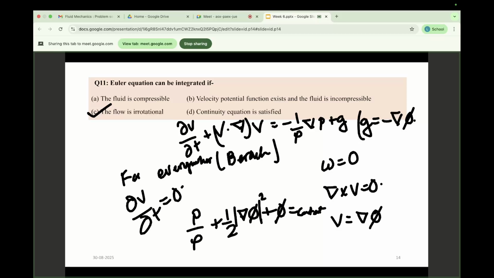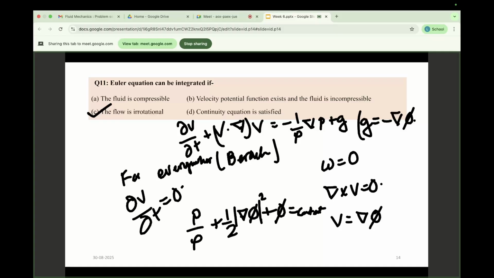The next option is velocity potential and incompressible. Incompressible is okay, and velocity potential implies irrotationality. That is okay, since in this question the velocity potential function is given, so we can assume the fluid is incompressible.